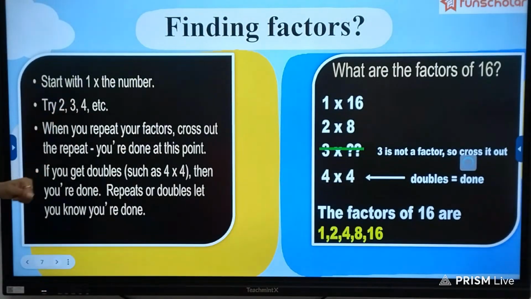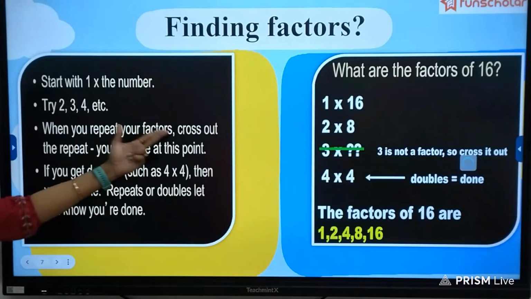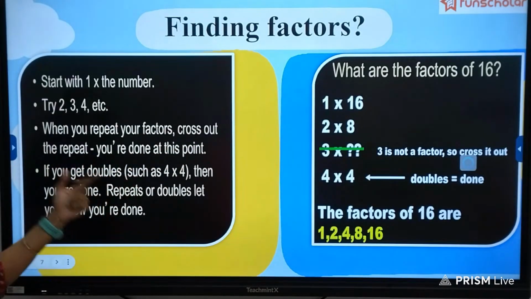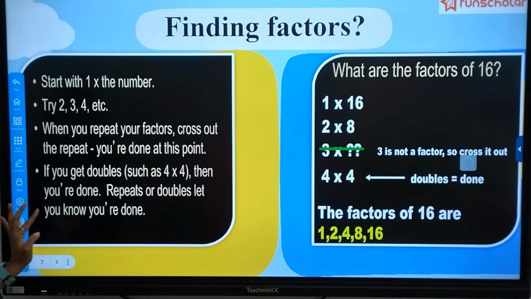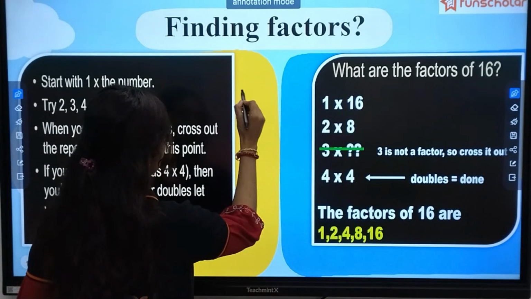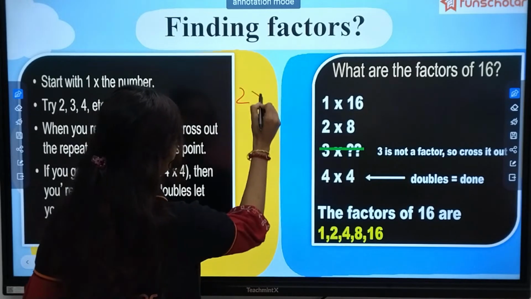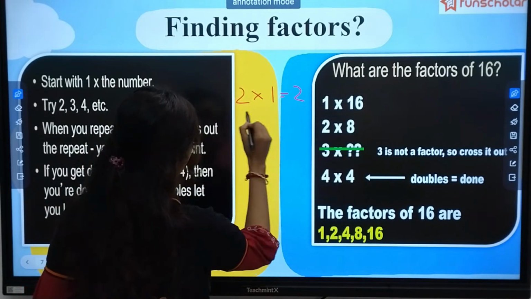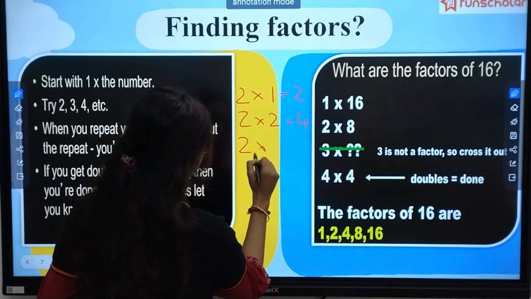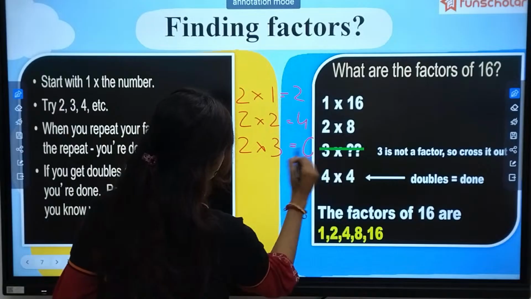Okay, just see. When you repeat your factors, cross out the repeat, you are done. This is like writing 2 into 1 equal to 2, 2 into 2 equal to 4, 2 into 3 equal to 6.